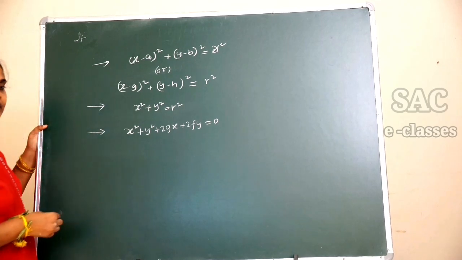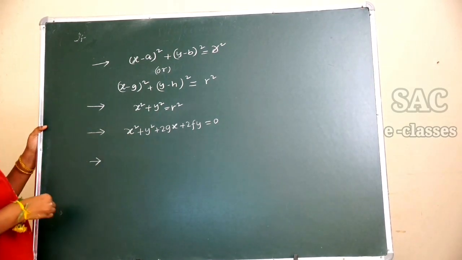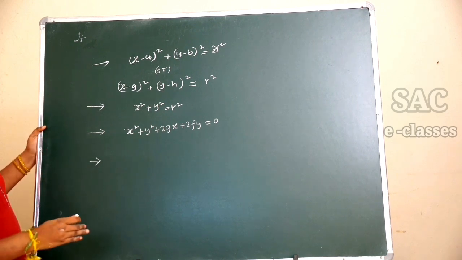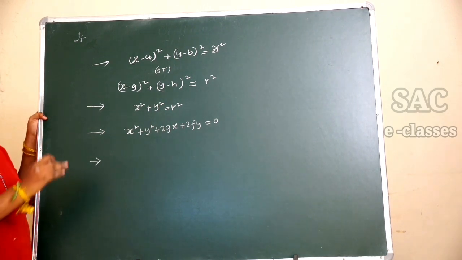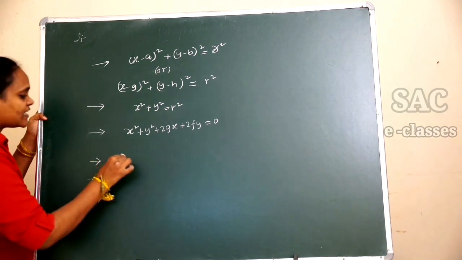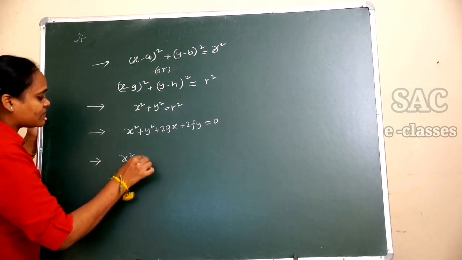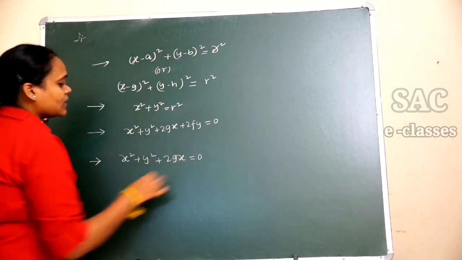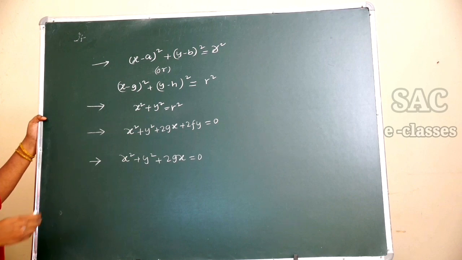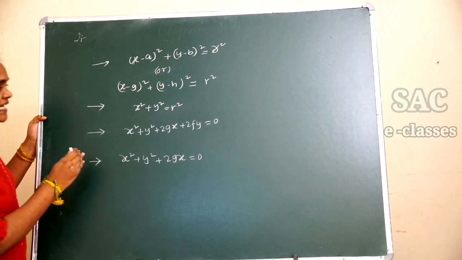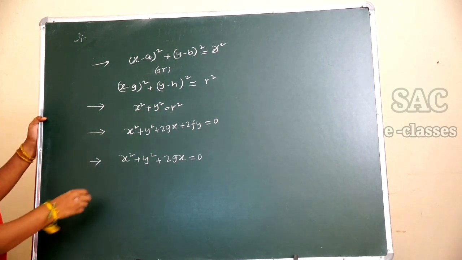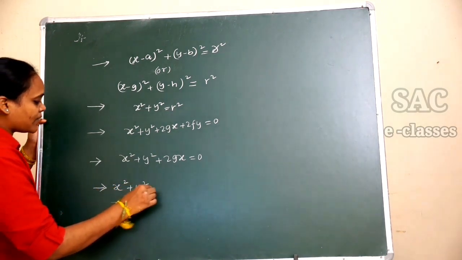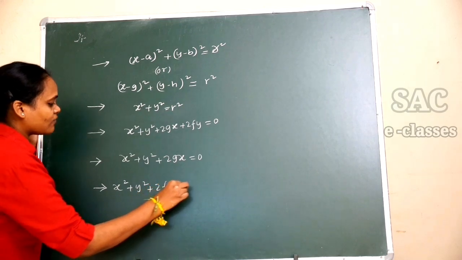There is no constant term. Sometimes they will say the circle is touching the y-axis at the origin. At that time you should take x square plus y square plus 2gx is equal to 0. In the same way, touching the x-axis at the origin, you have to take x square plus y square plus 2fy is equal to 0.